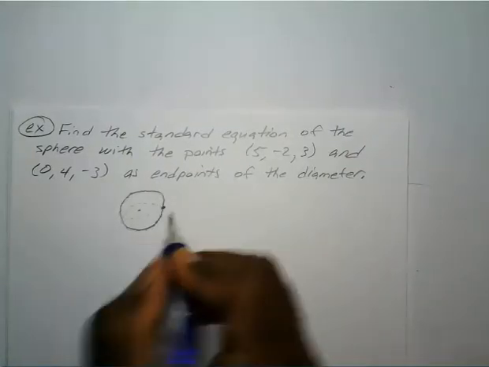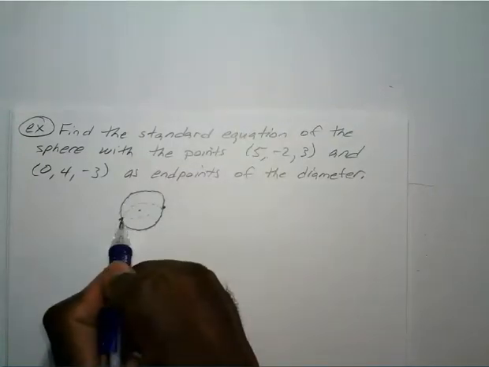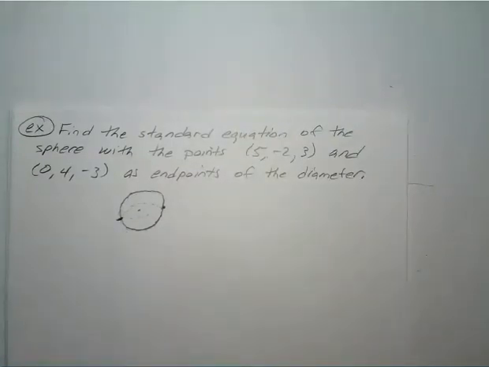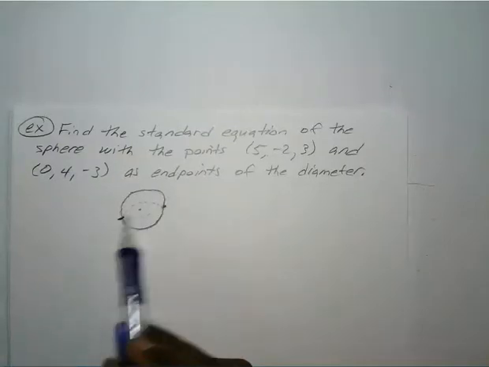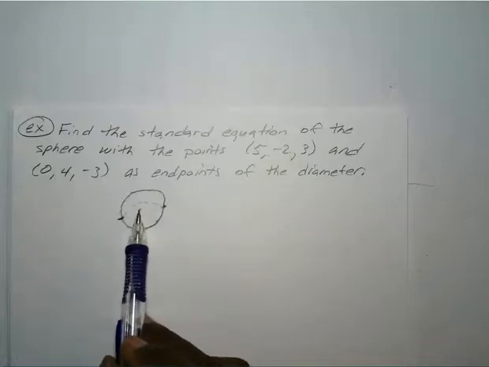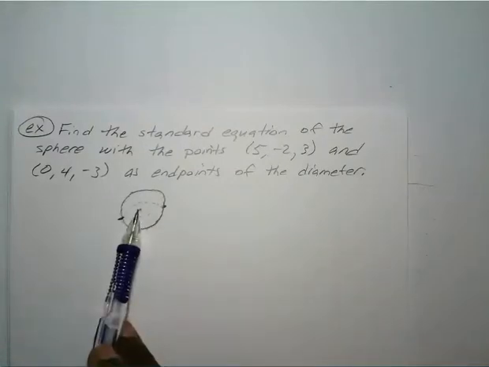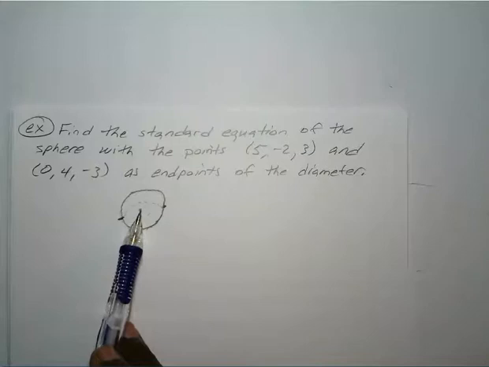One point would be this point here, and this would be the other point. Okay, so the first thing we want to do is find the center. If these are the ends of the diameter, then our center will be the midpoint. So we're going to use the midpoint formula first to find the center. If we can find the center, then we can go ahead and find the equation.